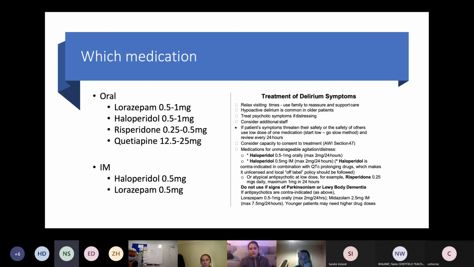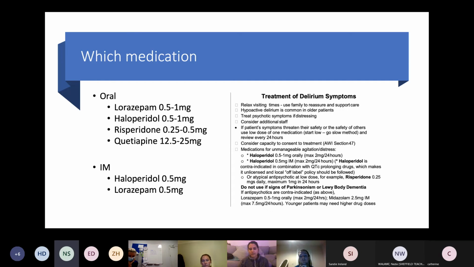When it comes to this out of hours at night, I tend to only prescribe a stat dose, and I might prescribe a second 0.5 for an hour or so down the line, or a couple of hours down the line, depending on their body weight and their risks, for the nurses to use if needed.